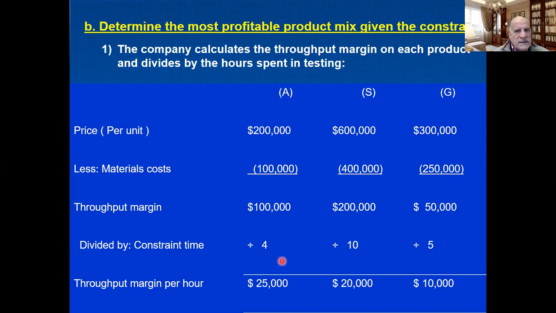Can the market absorb all the quantities you produced? No. We have another determinant here. It is the market.